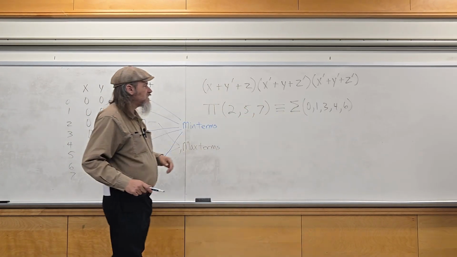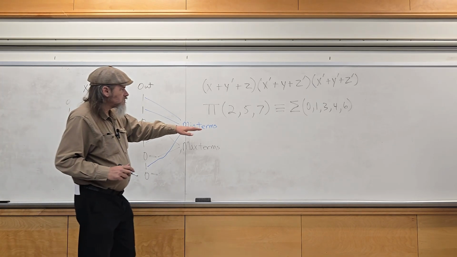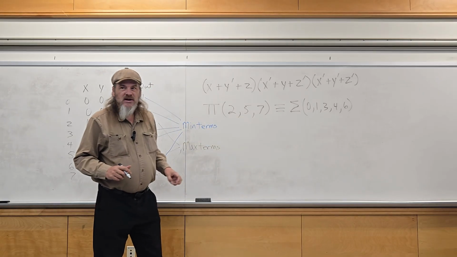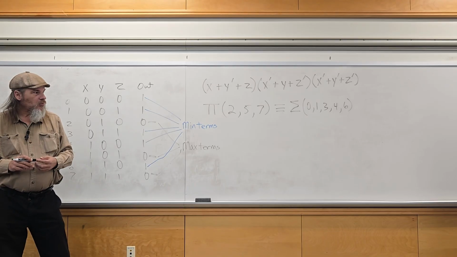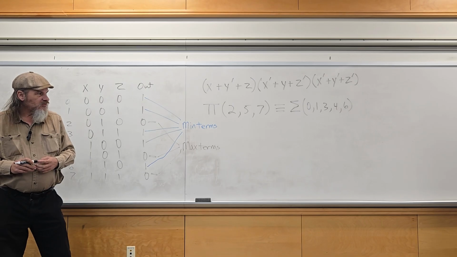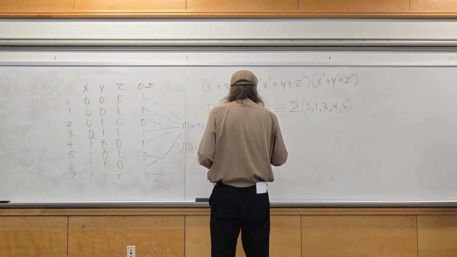I'm not going to write out the Boolean expression for all that, for the product of sums. I mean the sum of products. But when you have this notation, you look at how many terms there are, and the value of those terms.